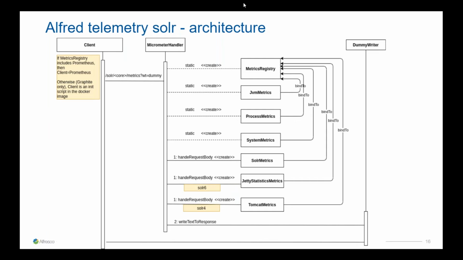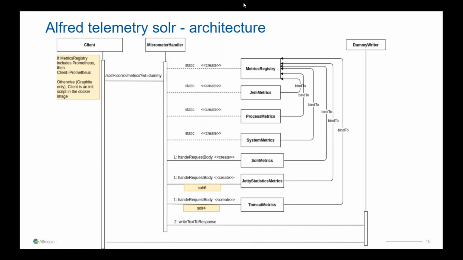Once metrics are defined via the binders, they are exposed on a telemetry handler in the Prometheus format, a specific format. Since out of the box Solr writers decorate the response with some information about the timing and so on, I also implemented a dummy response writer to simply output the metrics in Prometheus format.